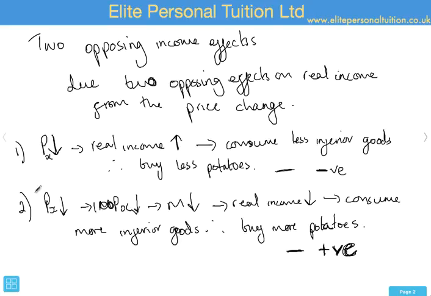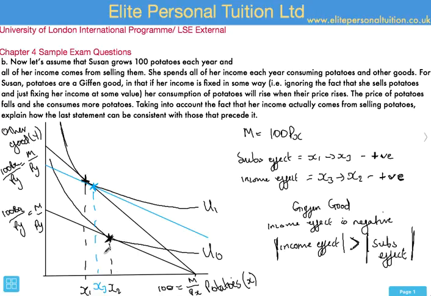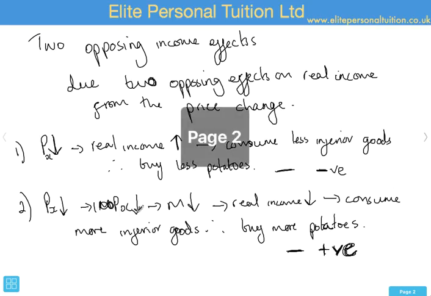So when we go back to our graph and we look at what our income effect encouraged us to do, our income effect encouraged us to buy more. So therefore, what we're saying is that this second effect is actually bigger than the first effect.